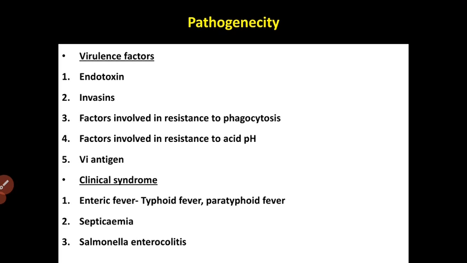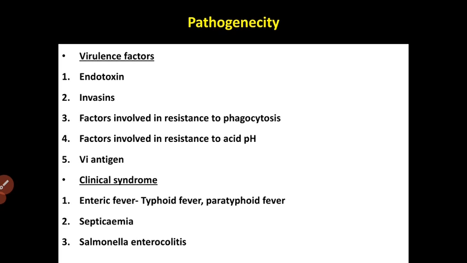Pathogenicity determinants. Virulence factors. Now what are the virulence factors? Endotoxin, invasins, factors involved in resistance to phagocytosis, factors involved in resistance to acid pH, and Vi antigen, the virulence antigen. These factors are included in the property which is causing disease.